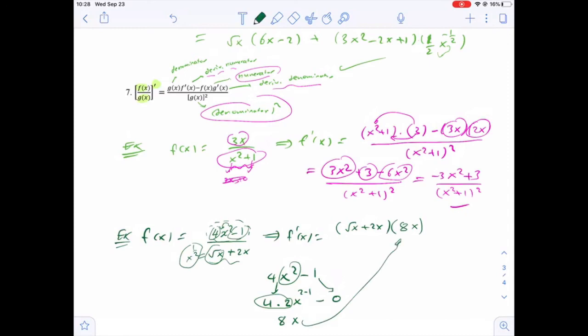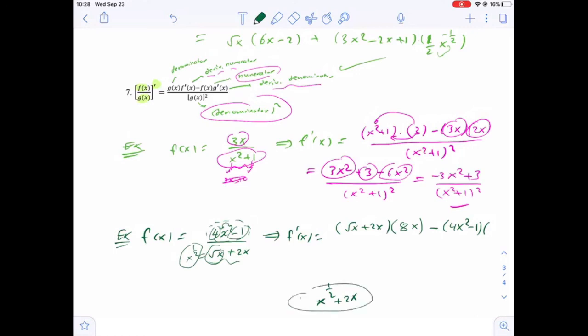So we get it here. So denominator times derivative of numerator minus the numerator times derivative of the denominator. Now we deal with x to the power 1/2 instead of square root x.